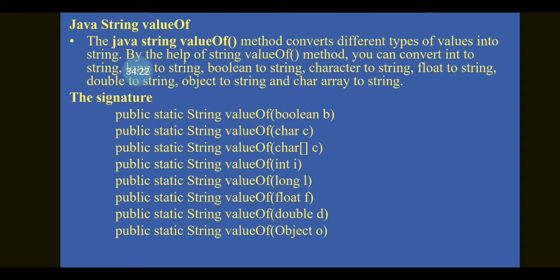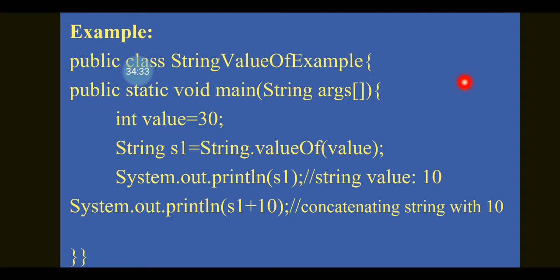And similarly, the valueOf method converts different types of value into string type. For example, int value equals 30, String s1 equals String.valueOf(value), which means that 30 is converted and stored as a string value.